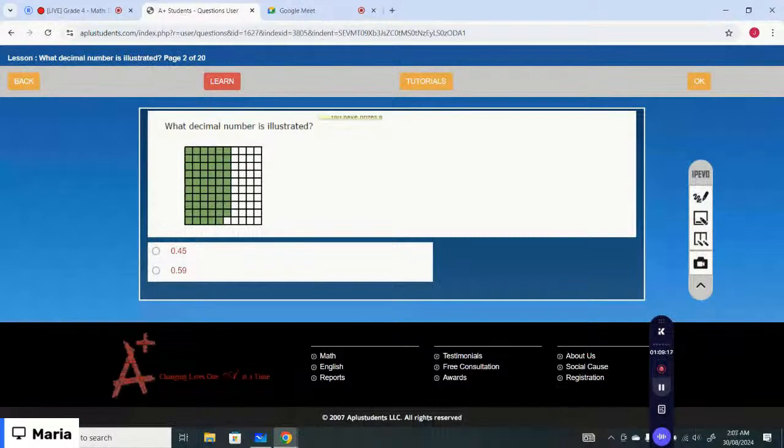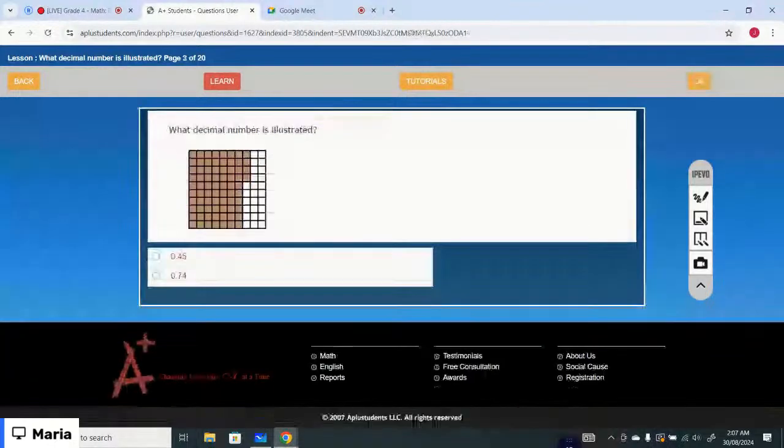So that means the decimal that is illustrated is 59 hundredths or 0.59. Option number 2 is the correct option, right?